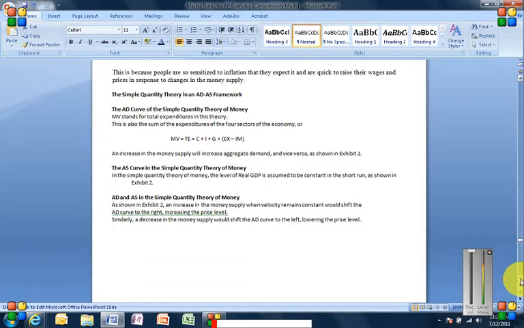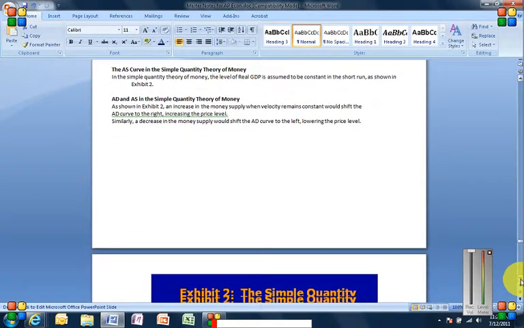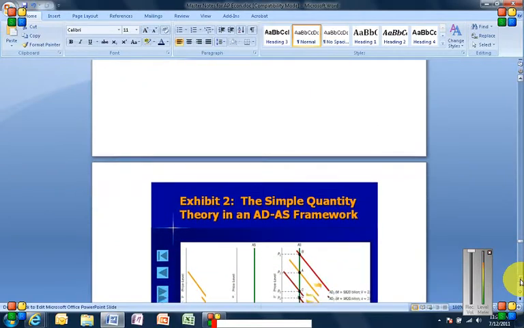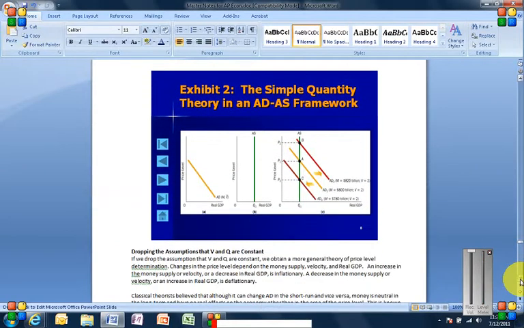But if you see a visual of this, it could look like this, where in this hypothetical example, we could start at AD1 here, with a money supply of $800 billion and a velocity of 2. And if we increase the money supply by 20 billion, then we would have AD shift to the right. But because output doesn't change in the short run, all it does is lead to higher prices.